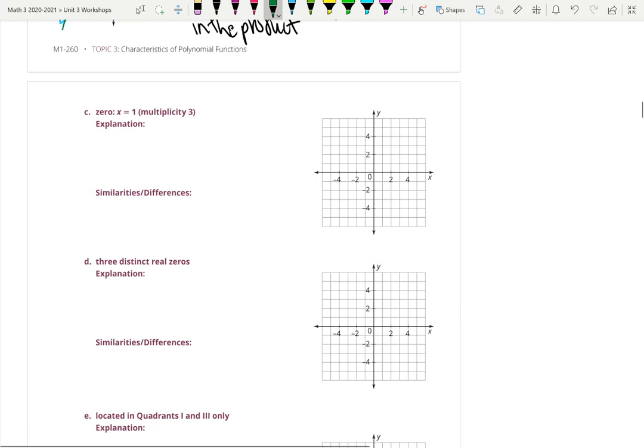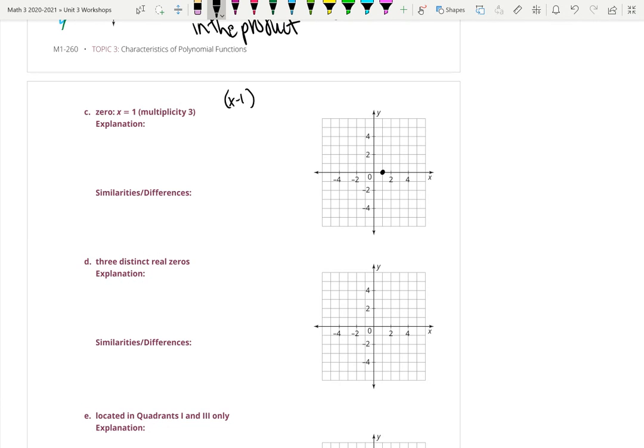All right, part C. 0 when x is equal to 1. I need it to have a multiplicity of 3. So I need a 0 at x equals 1. This is where I want all my answers to be. Well, what produces a 0 with x equals 1? If you want to think about it, x minus 1 would be a 0 of 1.